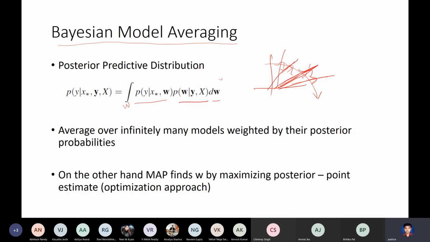I am just finding how confident each network is about the data, and finding all such networks, maybe an infinite number of them. For each of them, find out their confidence, and your final prediction is the average of all these networks weighted by their confidence. This is the basic difference.